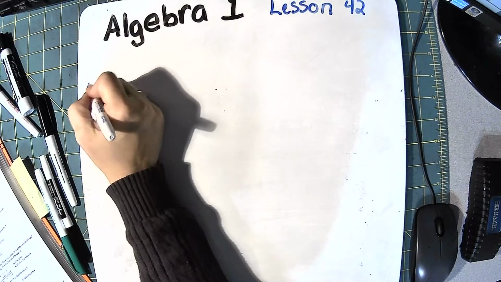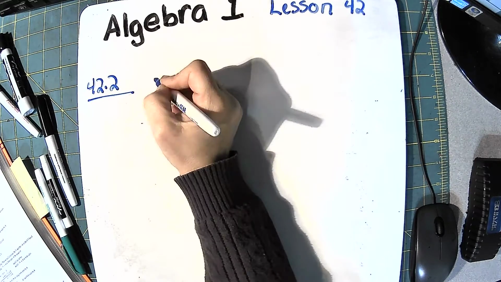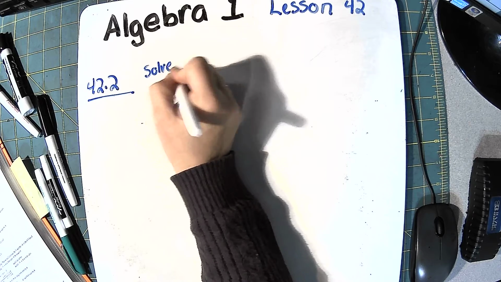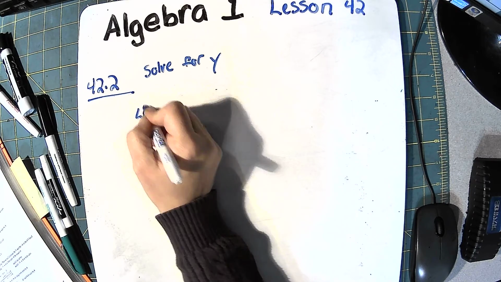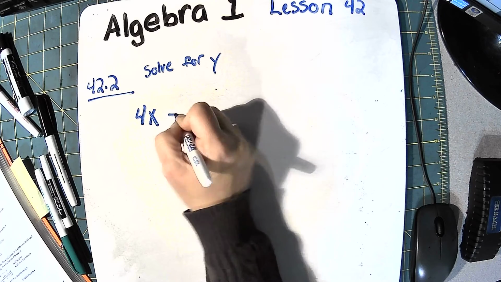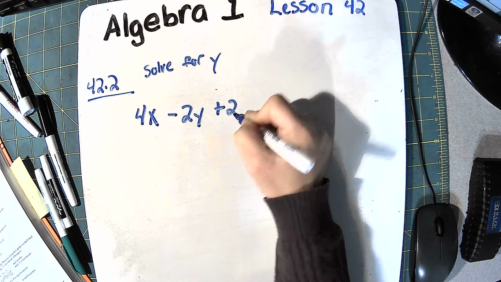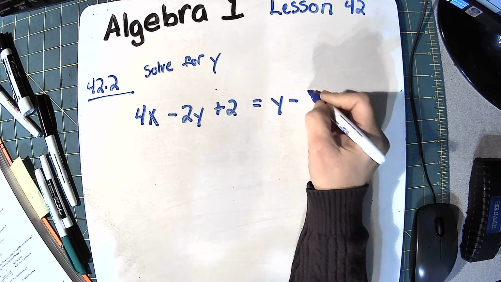Let's try another one. Okay, this one says we're solving for y. Alright, and it's got 4x minus 2y plus 2 equals y minus 4.